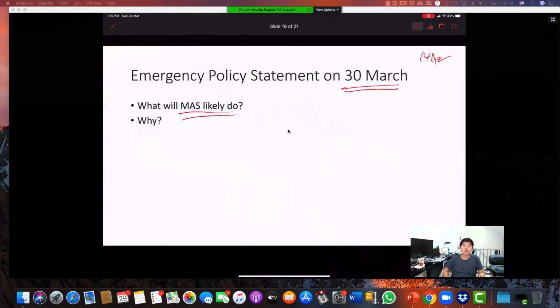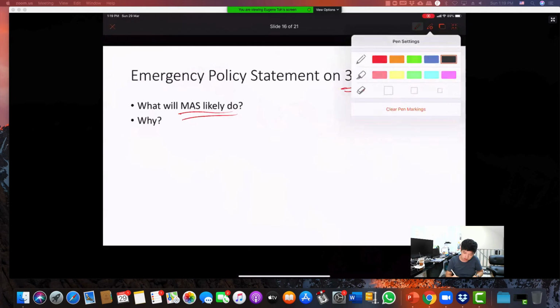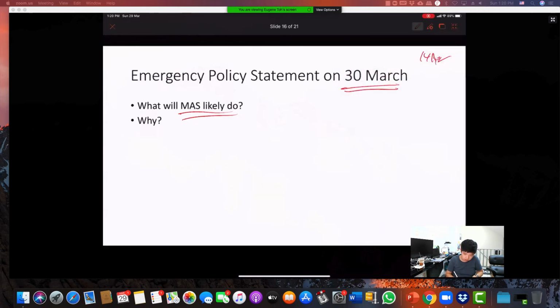Now, just now we said that MAS will likely carry out a recentering of the policy band. So let's see what a recentering means. What does a recentering of the band mean? I'm going to explain this to you shortly. Just give me some time to draw something out for you to see.